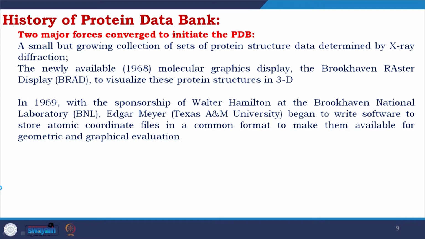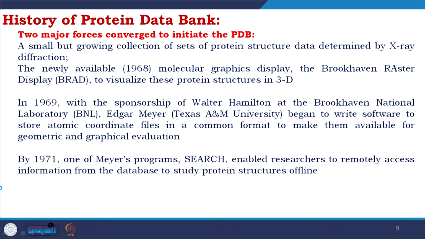In 1969, with the sponsorship of Walter Hamilton at the Brookhaven National Laboratory, BNL, Edgar Meyer from Texas A&M University began to write software to store atomic coordinate files in a common format to make them available for geometric and graphical evaluation. By 1971, one of Meyer's programs called SEARCH enabled researchers to remotely access information from the database to study protein structure offline.